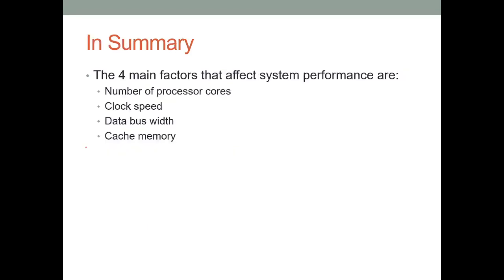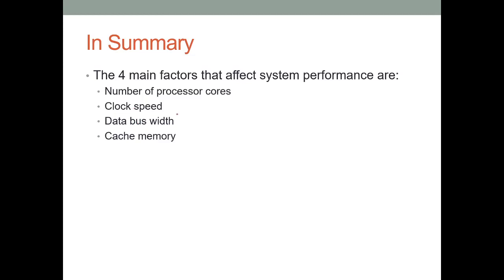So just in summary, because I know I jumped across a lot of different things here, the 4 main things you need to take from this are these. How the number of processor cores affects a system's performance: generally speaking, the more processor cores you have, the better your computer performs. Clock speed: the larger the clock speed, the better performance you're going to have.